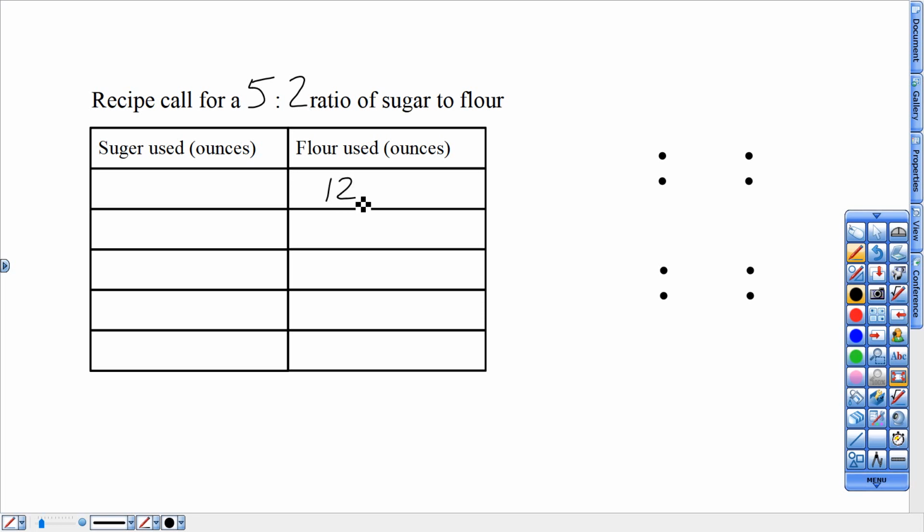And then I'm going to go 14 right here. And then over here, I'm going to go 60. And then I'm going to go 80. And then my last one is going to be 100. I want you to fill in this table where all the values have that same ratio of 5 to 2.